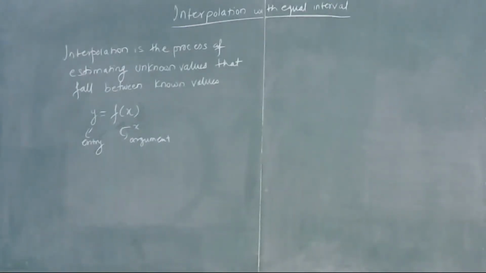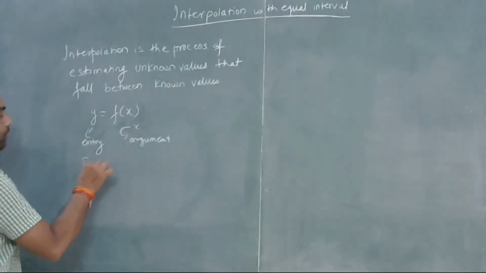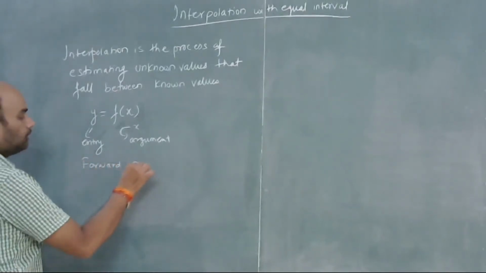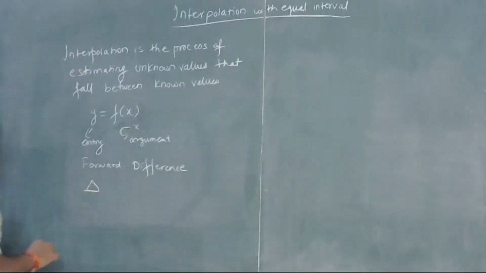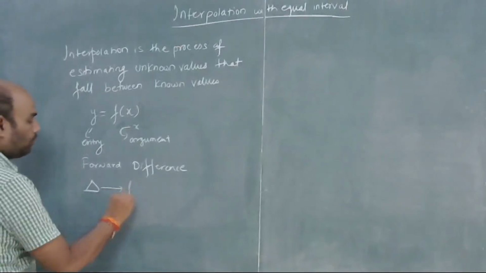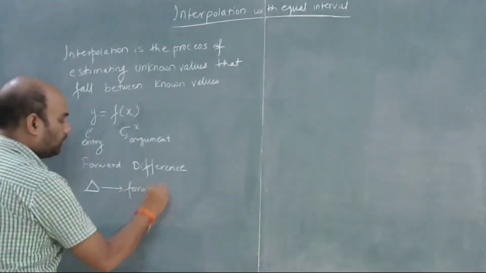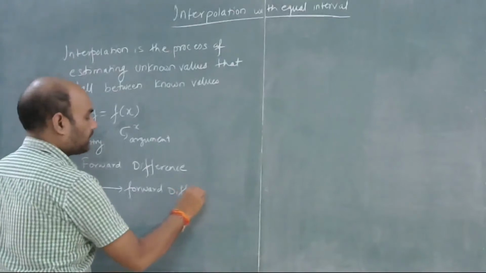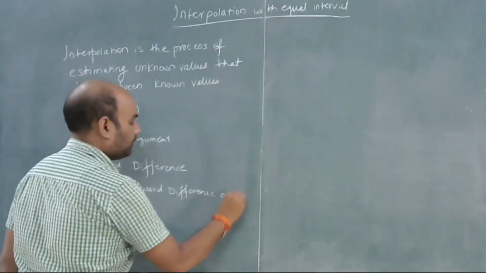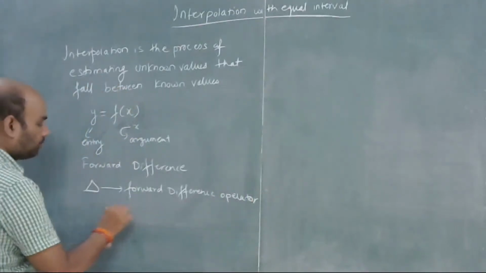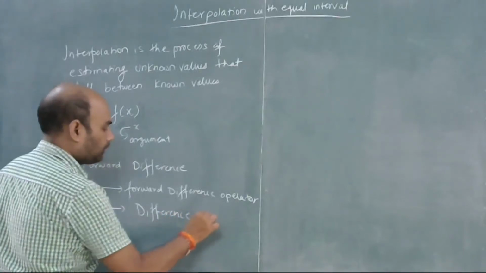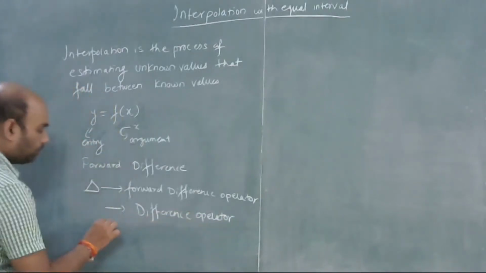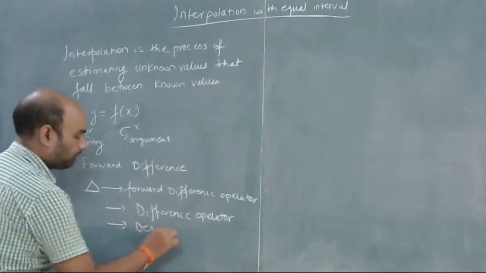First we have seen forward difference. We have seen this symbol, it is the forward difference operator, also known as the descending operator.